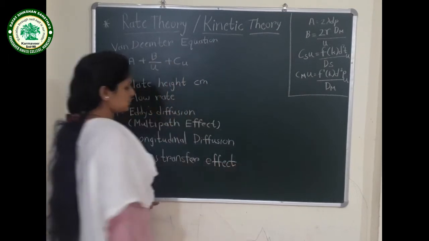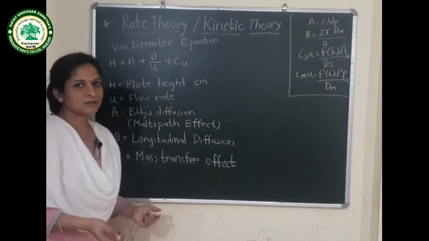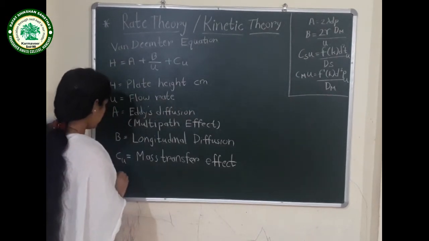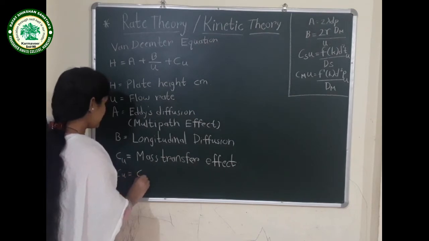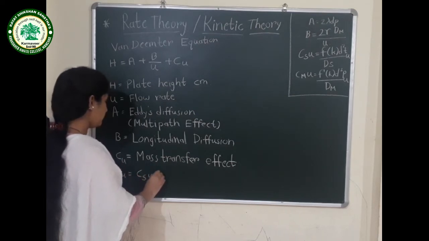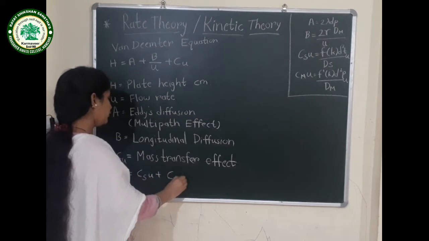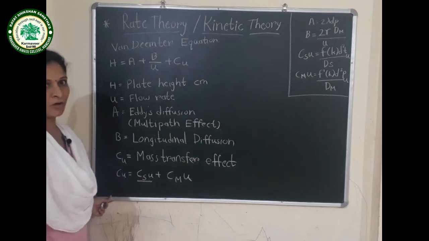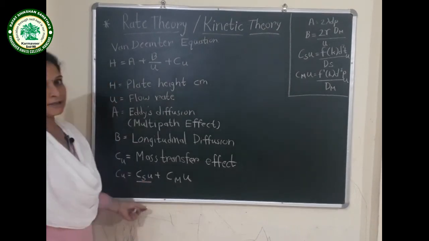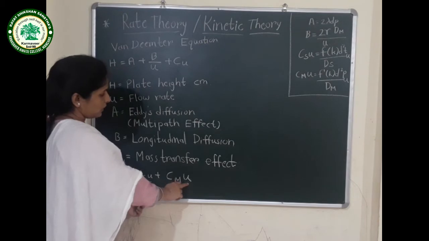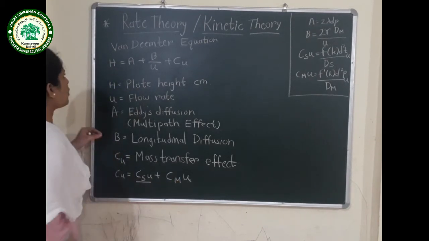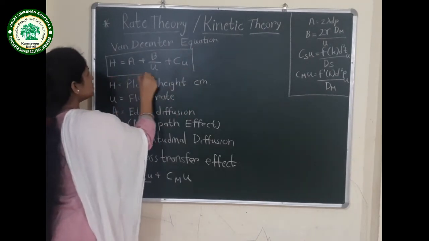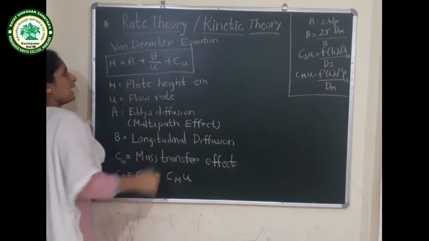Now this mass transfer will occur by stationary phase as well as mobile phase. Therefore, this Cu is equal to Csu plus Cmu. Now what is this Csu? Csu means mass transfer of stationary phase and Cmu is mass transfer of the mobile phase. This is the Van Deemter equation, which is used to explain the band broadening.